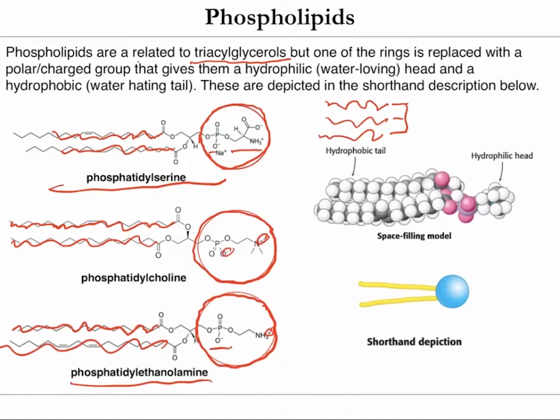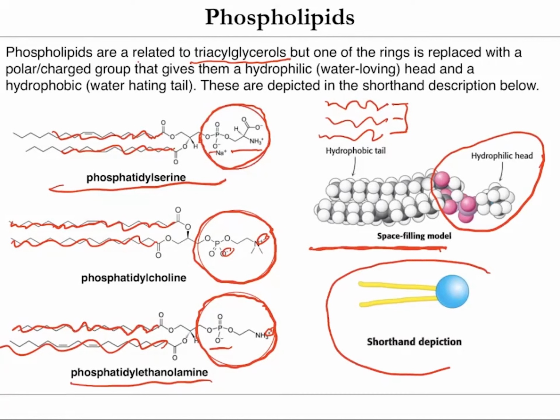So these are the types of phospholipids that are in your membrane because they have this very simple structure where they have a hydrophilic head, so a charged head that can interact with water outside or inside the cell, and then these lipid hydrocarbon chains at the end. So you can make a shorthand description where it's just this positively charged hydrophilic head, and then these hydrocarbon tails that are hydrophobic.